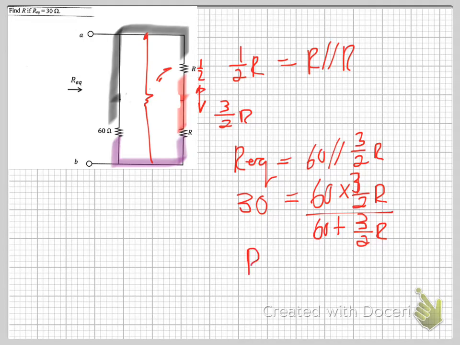So solving this, you get R is equal to 40 ohms, whether you decide to do it by hand, simultaneous equations, or you use the calculator method.